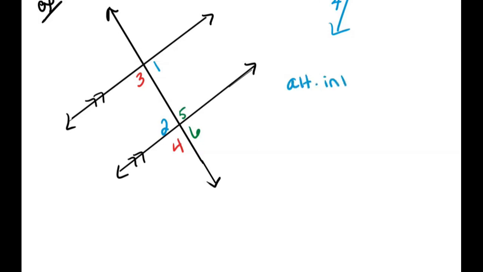Alternate, you're going to see I'm going to use a lot of abbreviations. Alternate interior, same side interior, or corresponding. All right, those are the options. All right, so if you notice here, the parallel lines are denoted here, meaning this is our transversal.